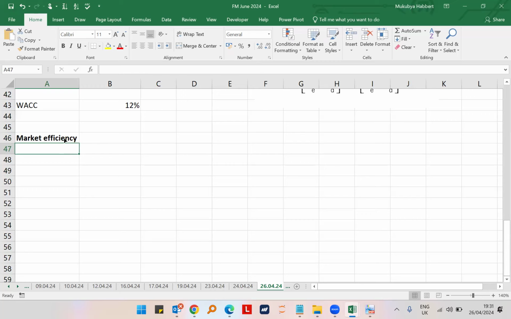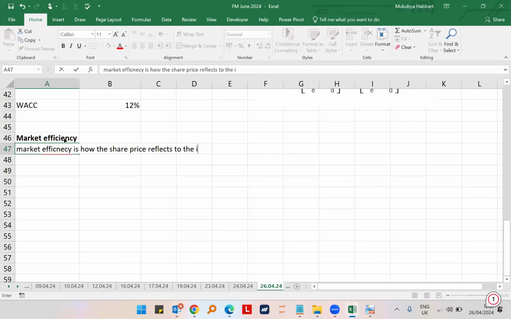Or it looks at how the share price is going to reflect the information that is available. That's how you can summarize market efficiency.